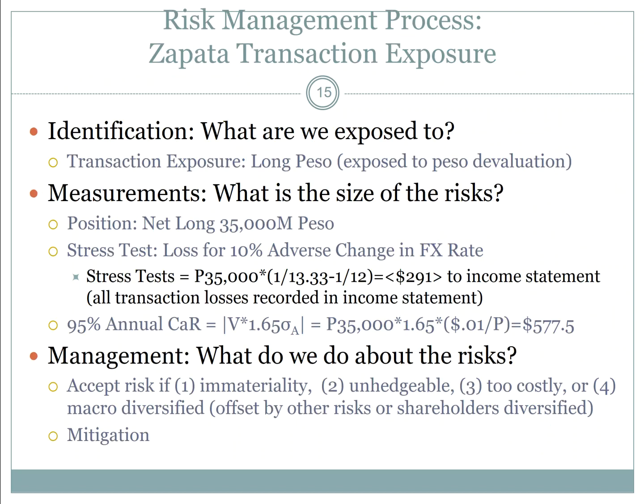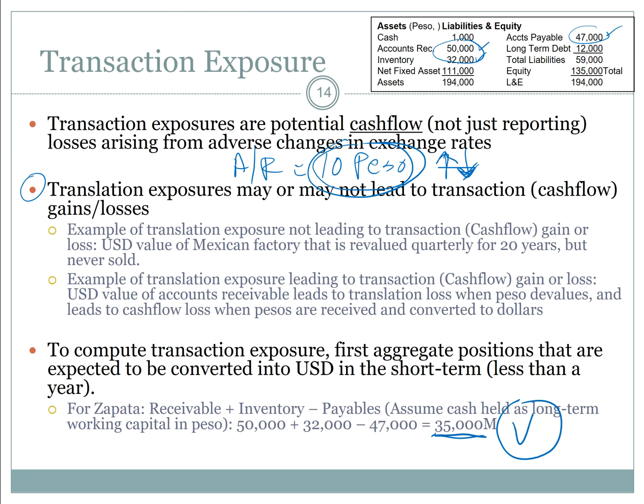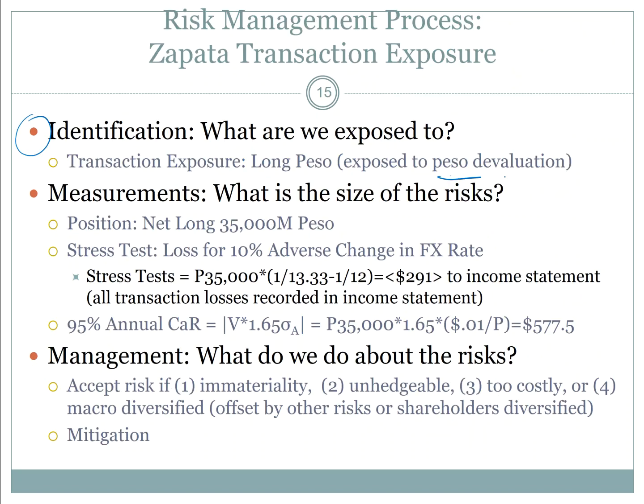So let's do Zapata's IMM method measure, or risk management measure. What is Zapata's exposure? Well, we said they're long 35 million pesos, so they're exposed to a devaluation of the peso. What's their position as far as measurement? Well, they're long 35,000 pesos. That's their position. Let's do a simple stress test.